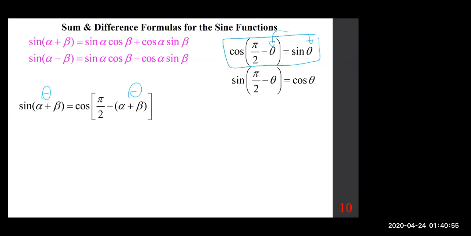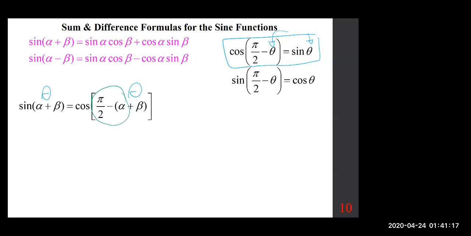Now, imagine alpha plus beta is theta. That's all I'm saying. With that being the case, we are going to put these two together.